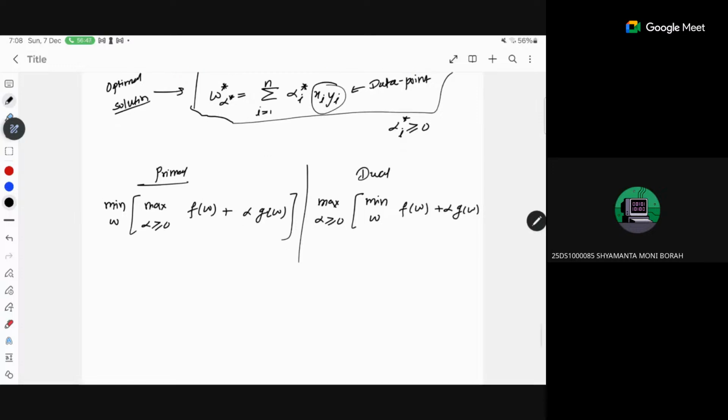And what was my primal solution? W star, because the final solution depends on this. So W star is the primal solution, and alpha star is the dual solution, right?